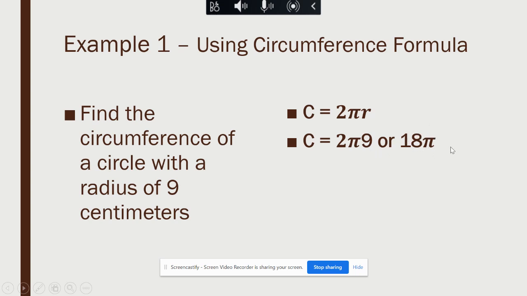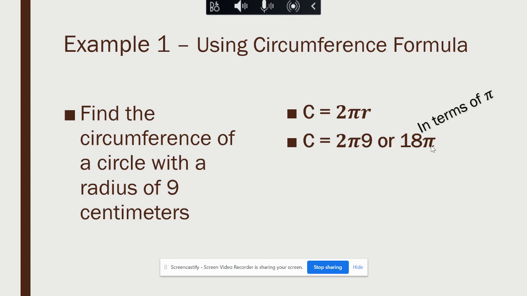Now, some of your problems in Big Ideas will ask for answers in terms of pi. So your answer would be 18 pi. Sometimes they will ask for a rounded answer or an exact answer. So you're going to put in your calculator 18 pi. For those of you that have graphing calculators at home that have the special pi button, you can do 18 pi and hit enter and round it.